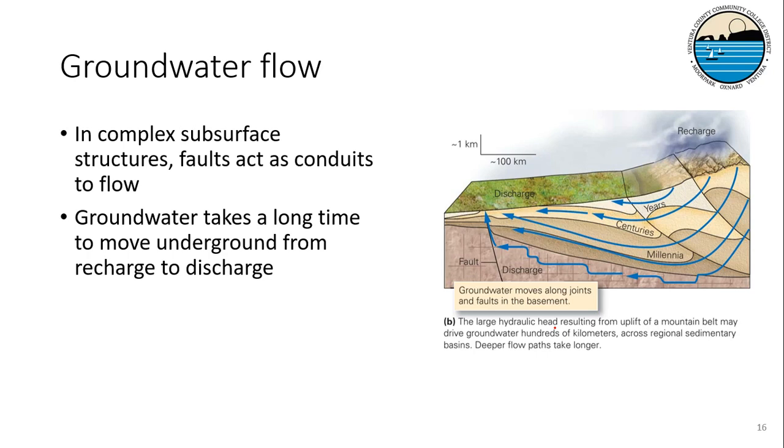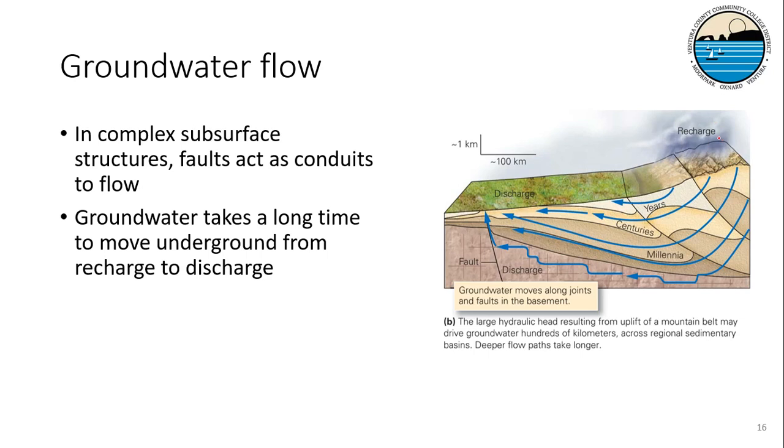Sometimes faults can act as conduits, which means that flow can behave more quickly across a fault, or sometimes a fault may inhibit flow. There are different situations of where and why that would occur, but understanding that the subsurface is very complex shows that groundwater flow is not always direct. It does take a very long time.